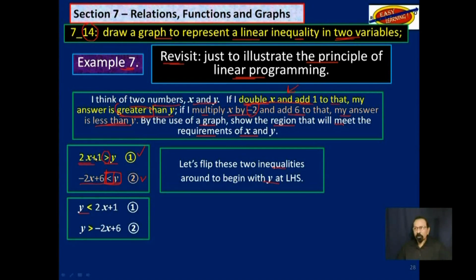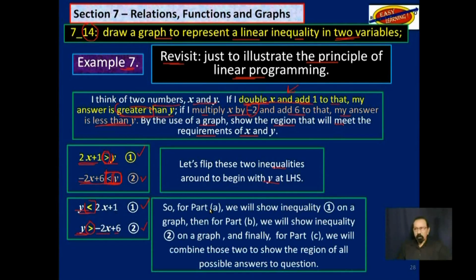If 2x plus 1 was greater than y, and you begin with y, then y is now less than 2x plus 1. And the other one, -2x plus 6 is less than y. If you flip that around, then y is now greater than -2x plus 6. So we have these two inequalities here.